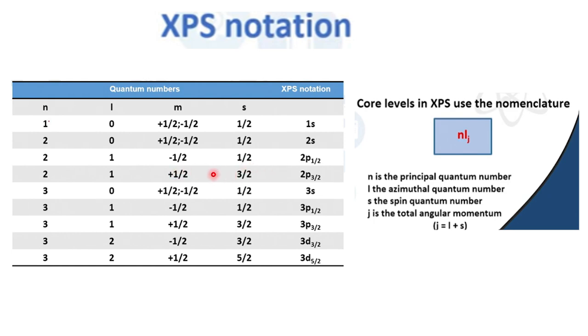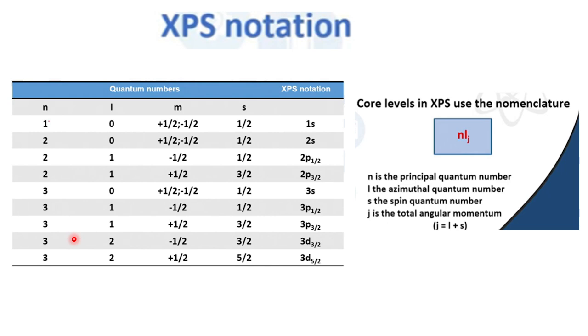In that case there are two possibilities: J will be either half or 3 by 2. How? If you check, 1 minus half equals half, and 1 plus half equals 3 by 2. So there will be two XPS notations, 2p 1/2 or 2p 3/2.